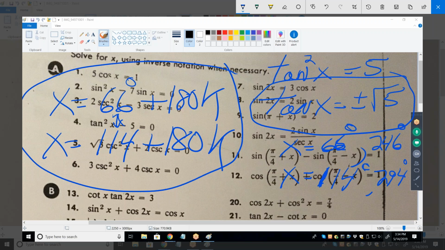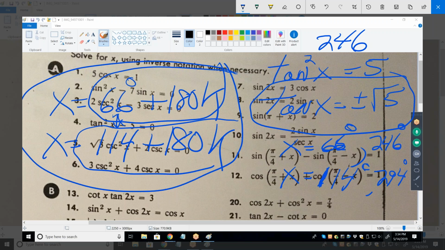The first angle you get when you make k equal 1 is 246, and 246 does not show up there with any k, does it? No, it doesn't. So you need both rows here.